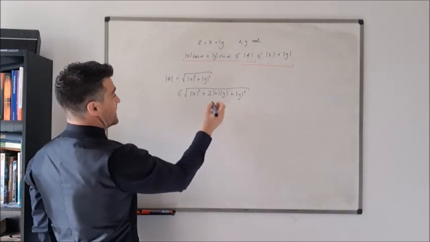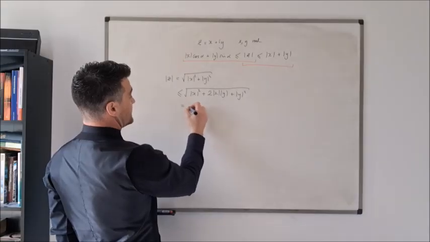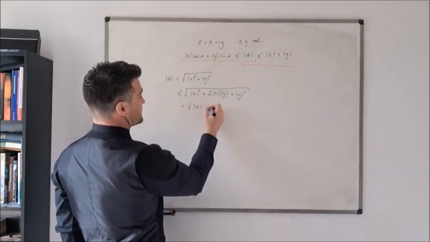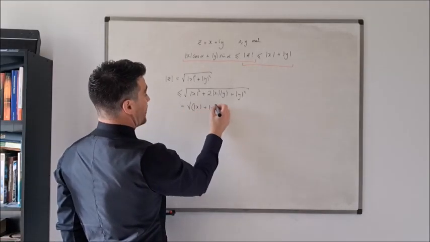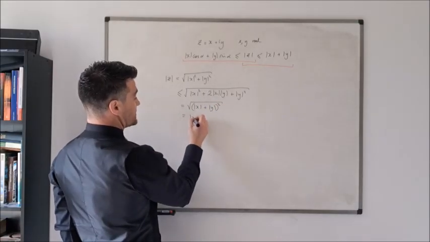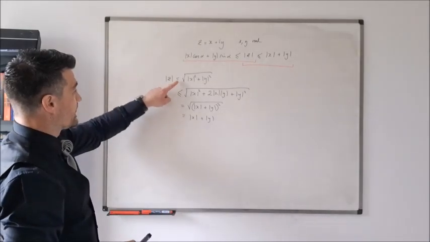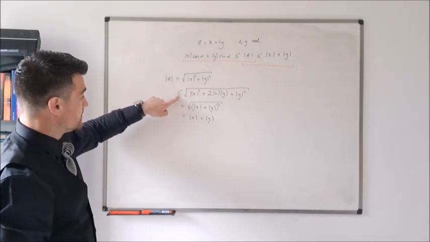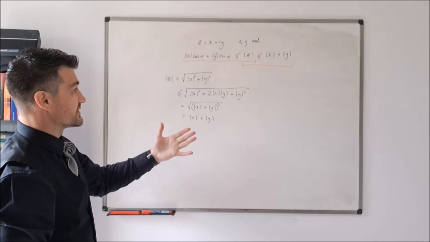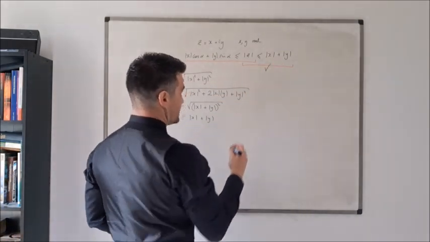Which in turn is equal to the square root of the modulus of x plus the modulus of y all squared, which is equal to modulus of x plus modulus of y. So we've got the modulus of z is less than or equal to modulus of x plus modulus of y. So we've proved that inequality. That's nice and easy. Okay?